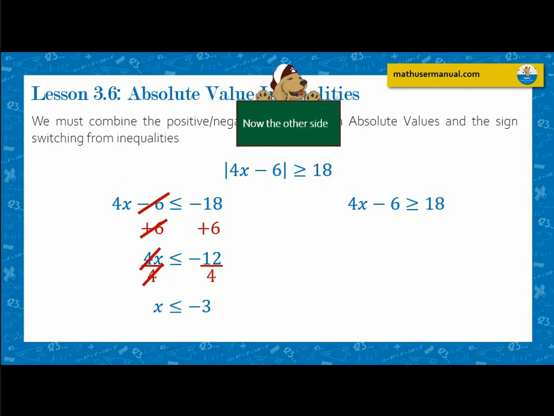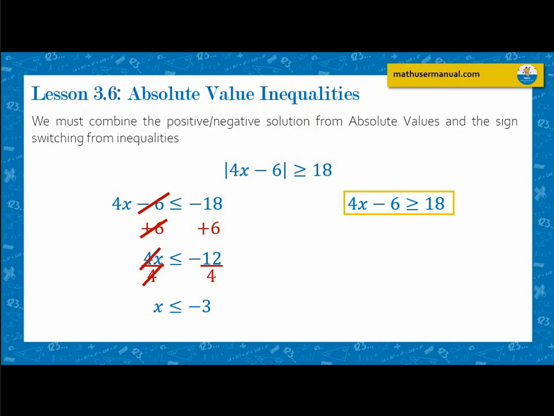Now let's take a look at the right side. What equation do we have on the right side? 4x minus 6 is greater or equal than positive 18. And remember, this was the positive solution, so we did not change the inequality sign. This is still a two-step inequality, and we're going to follow the same steps that we did on the left. The only thing that's going to change is the final answer, because we're going to do plus 6 on both sides, so we can cancel the 6 on the left.